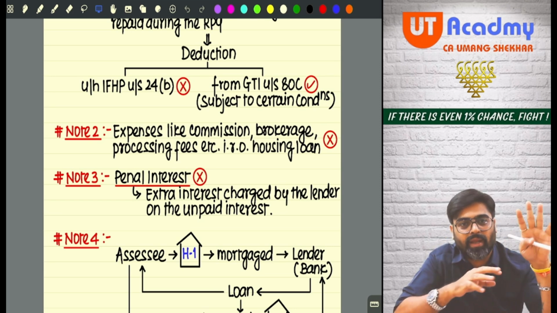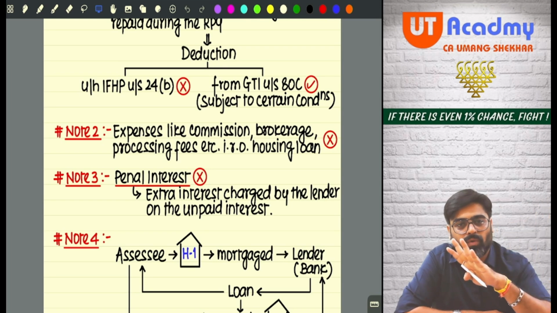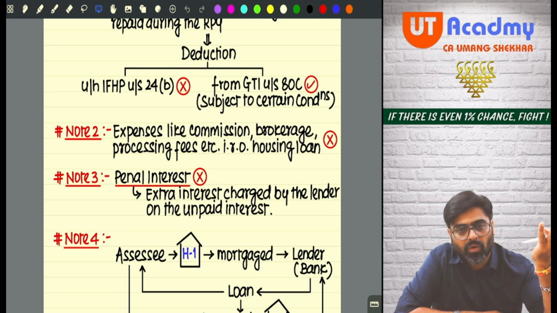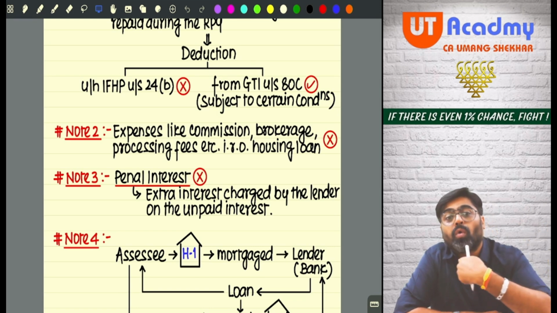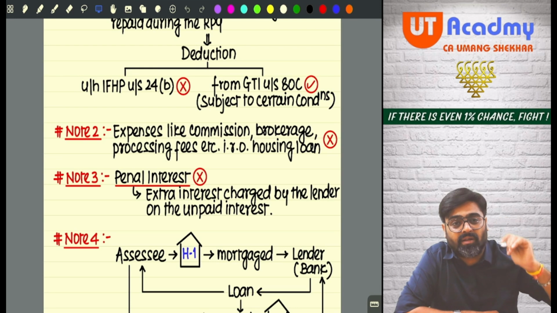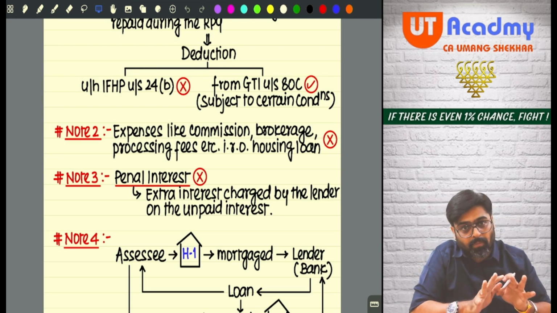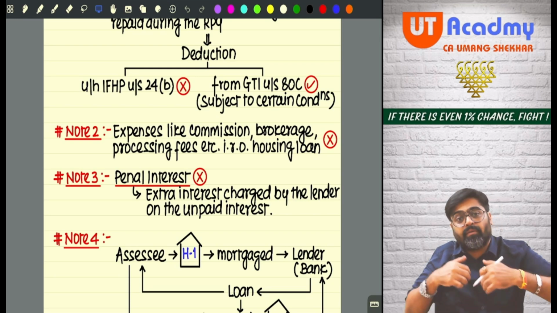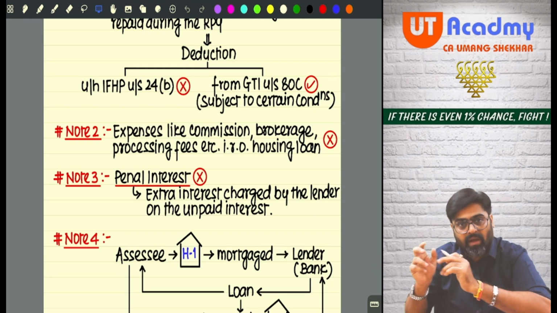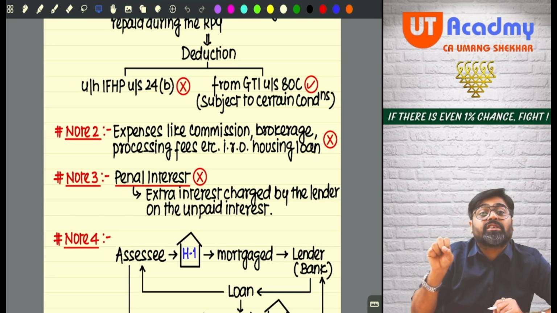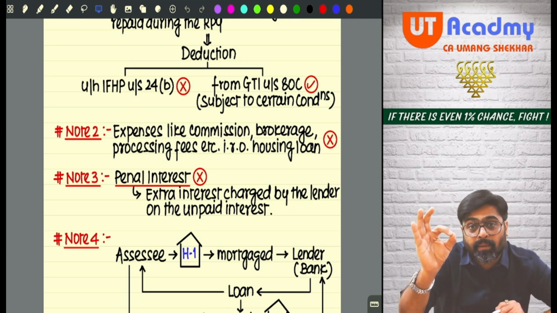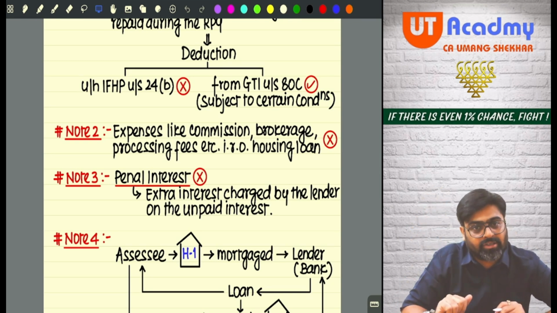So you go and tell him, boss, I want to take a housing loan. Can you help me out? So that fellow who is an expert, who has some contacts in different banks, will do the proper documentation, and he will go to the bank on your behalf. He will try to fetch the maximum loan for you at the minimum possible rate with all the documentation, etc.